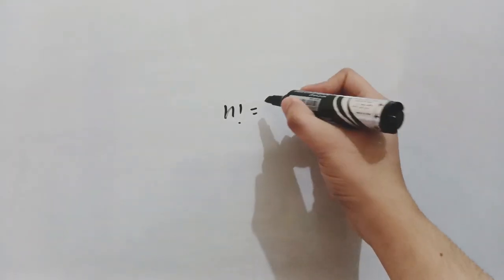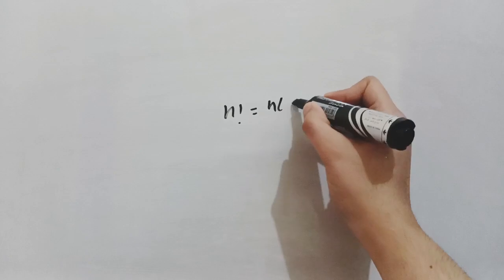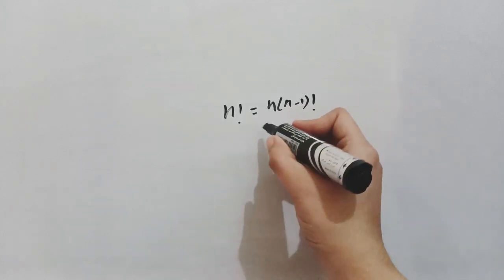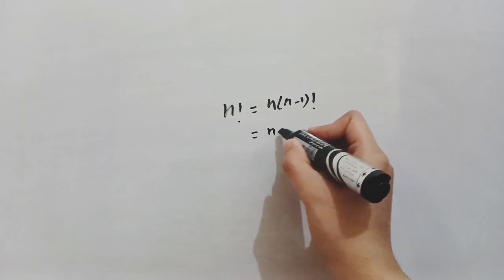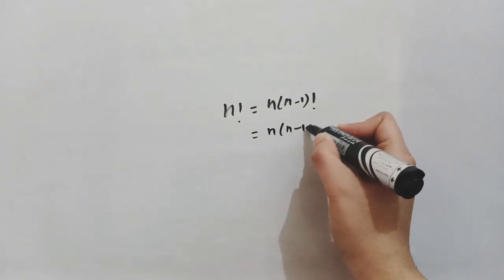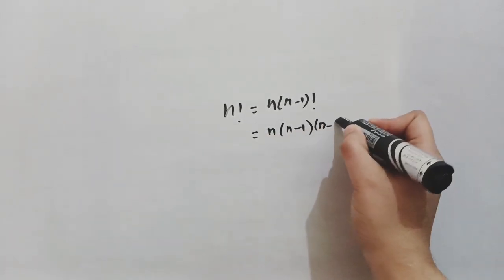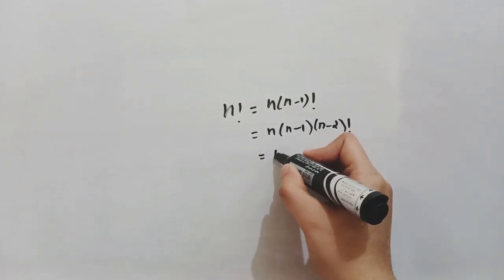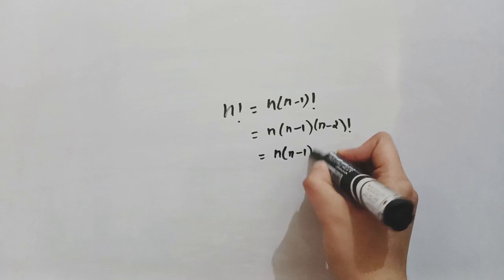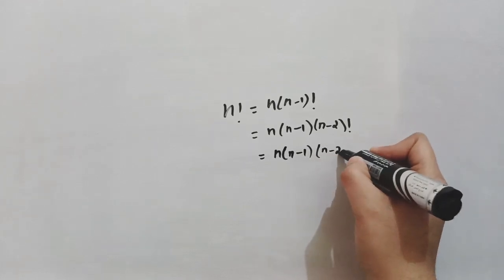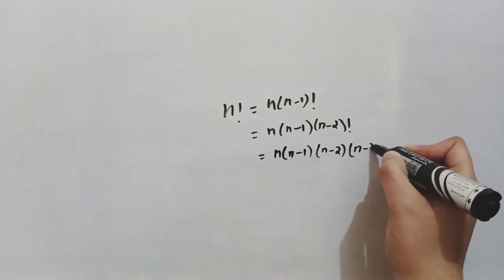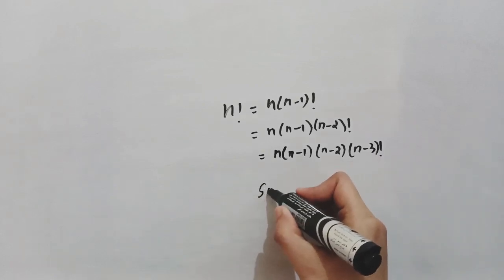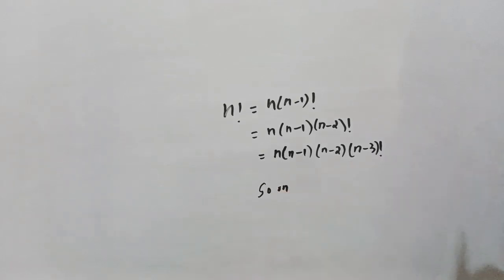Clearly, we can write n factorial equal to n into n minus 1 factorial, which is equal to n into n minus 1 into n minus 2 factorial, which is equal to n into n minus 1 into n minus 2 into n minus 3 factorial, and so on.